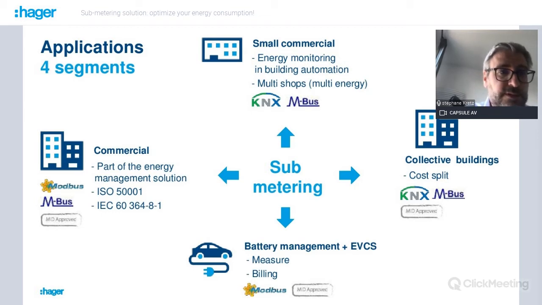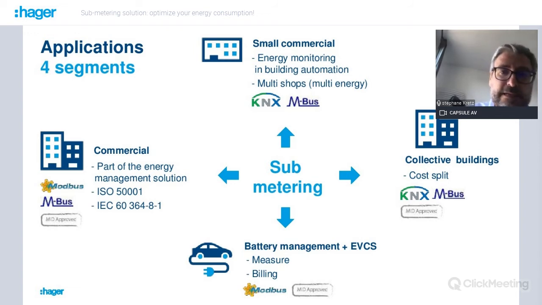Because you have also power quality, don't forget it. So linked to the standards that I told you also, ISO 50001, IEC 60364, it's interesting to monitor all this, and important, more than interesting.